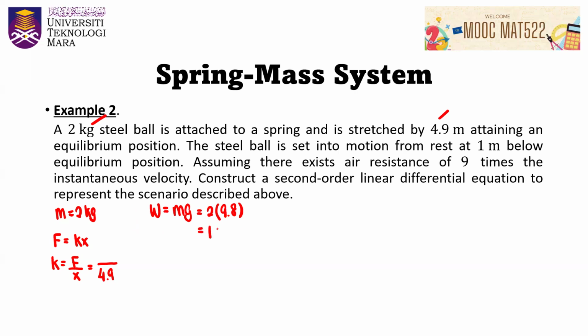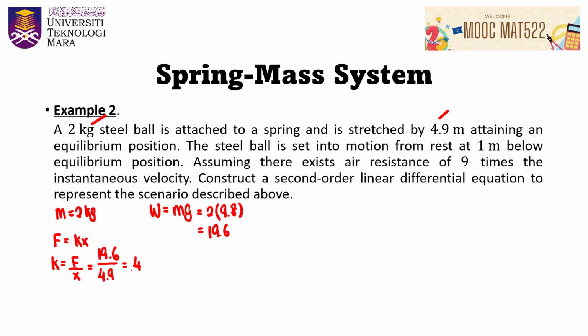This gives us 19.6. So the weight W will be the same as the restoring force F. Here, 19.6 divided by 4.9 gives us the spring constant 4.